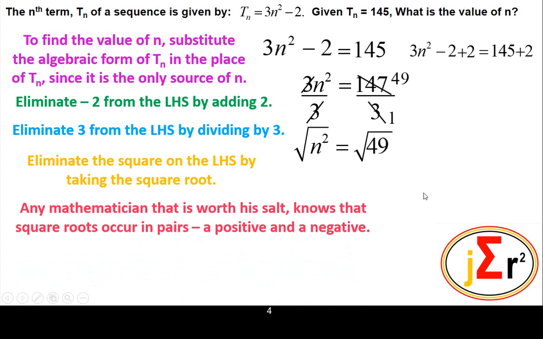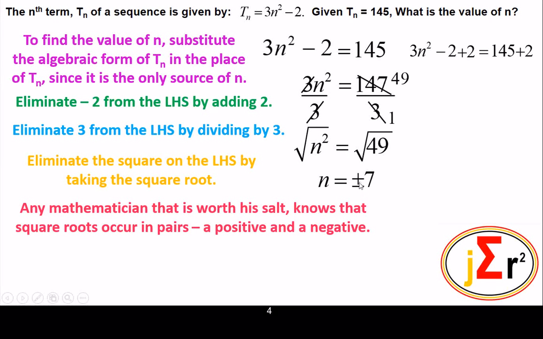So we have 2 square roots. So we will eliminate the square right here by taking the square root. However, when we find the square root of 49, the result is not merely 7, but we will have a positive 7 or a negative 7.